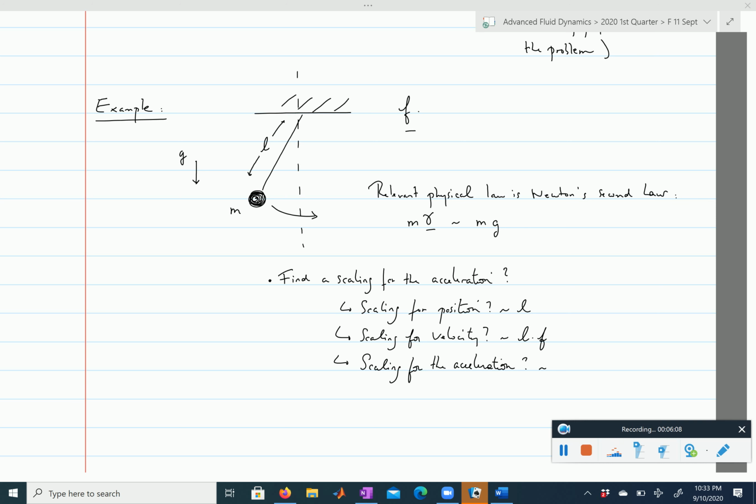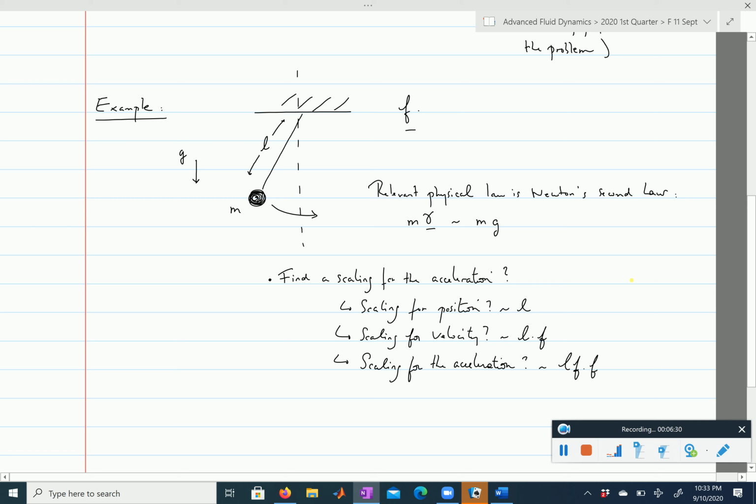So the scaling for the acceleration is simply going to be the scaling for the velocity divided by the time scale, which is roughly the period of the oscillation, and therefore the scaling for the acceleration is L times f, which is the scaling for the velocity, times f.